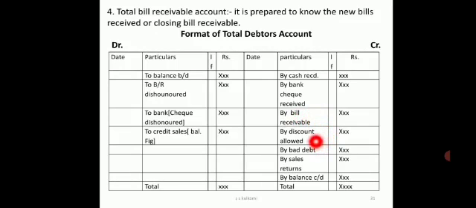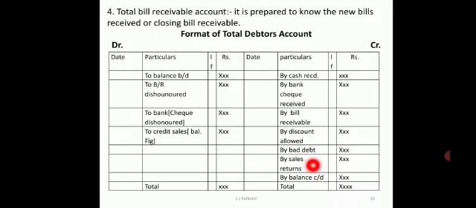Now discount allowed is a loss, so it has to be again credited. Now bad debts are irrecoverable debts, so again these debts have to be taken on the credit side. Now sales returns reduce the amount of debtors, so again it is taken on the credit side. And lastly, the difference can be taken as closing debtors account.